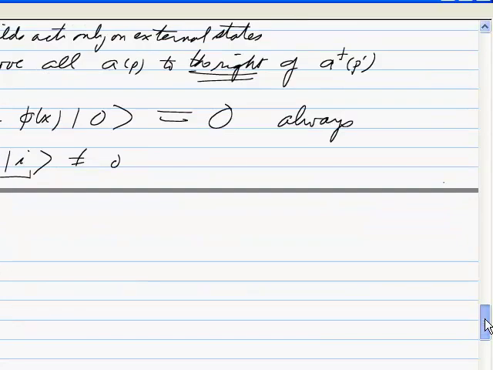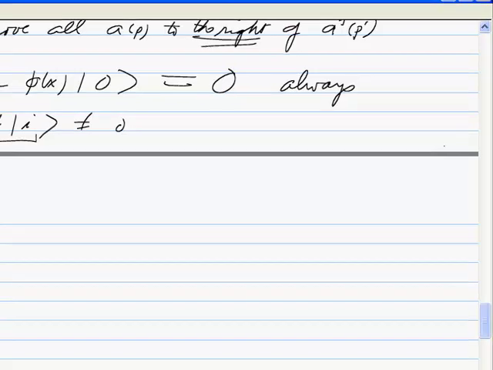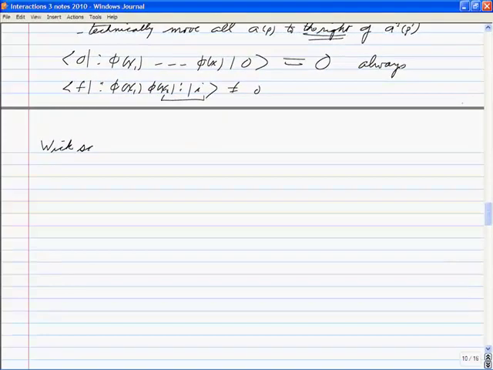So with that as our definitions, here's what Mr. Gian-Carlo Wick says. Okay.